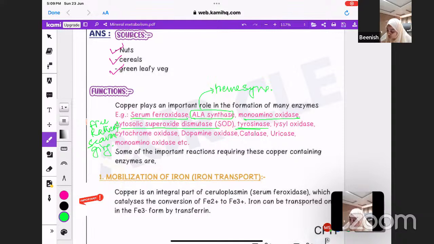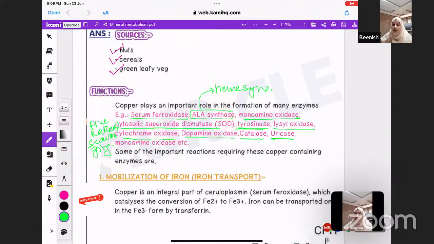Then your tyrosinase is involved in melanin synthesis, your lysyl oxidase involved in collagen synthesis, then cytochrome oxidase, your dopamine hydroxylase involved in catecholamine synthesis. Some of the important reactions requiring these copper containing enzymes, we'll discuss.